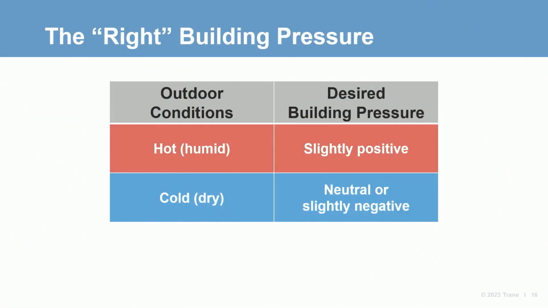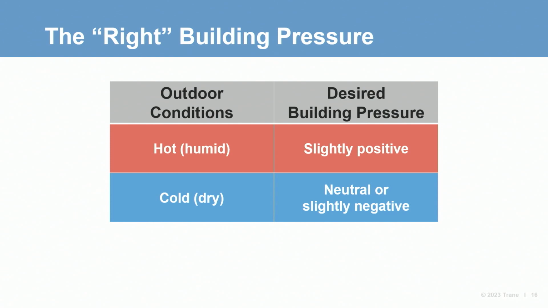I've explained that excessive pressure, either positive or negative, can be bad. So what should the building pressure be controlled to? When it's hot and humid outside, most designers agree that building pressure should be slightly positive. This is because exfiltration of dry indoor air minimizes the risk of humid outdoor air leaking into the building envelope.